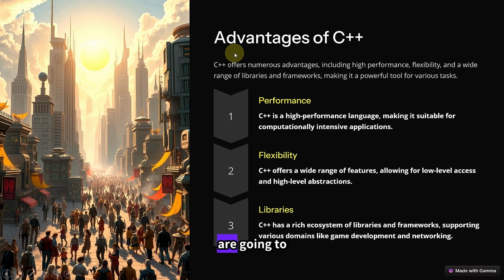After that we are going to discuss advantages of C++. The first advantage is performance. C++ is a high performance language, making it suitable for intensive applications. If you want to create any large projects, you can use C++ programming language. The second one is flexibility.